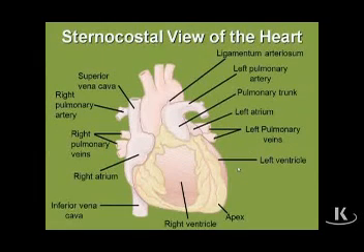And when we look at the adult heart, sure enough, we see that the atria are above the ventricles. We see that the arteries are indeed leaving from the front wall of the heart, and the veins, as you can see here and here and here, are entering into the back wall of the heart. So exactly what we would expect from that heart folding is exactly what we see.